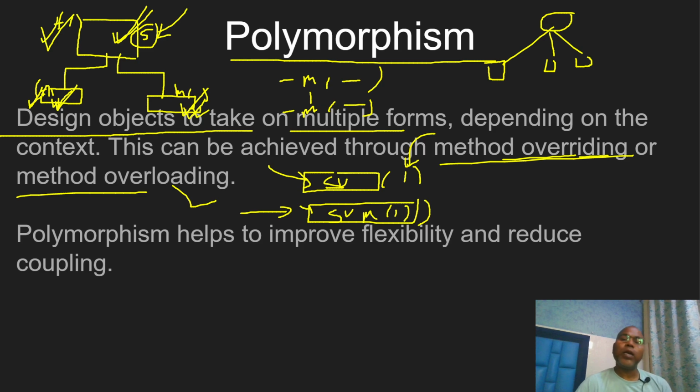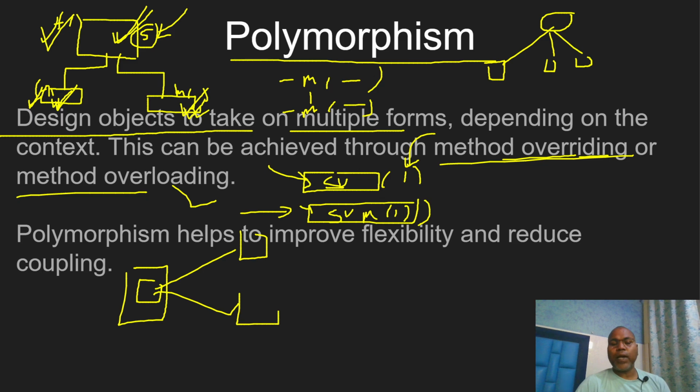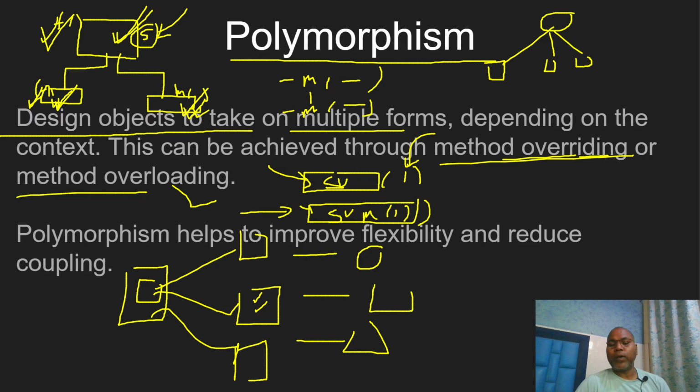So overloading and overriding help us implement polymorphism. Polymorphism means we have one object that can have multiple forms. Here our sum function is printing the sum of only two digits. The same sum function can be the sum of three numbers, maybe the sum of four numbers. Similarly, we can have one shape method for drawing shapes: one shape can draw a circle, one a rectangle, one a triangle.